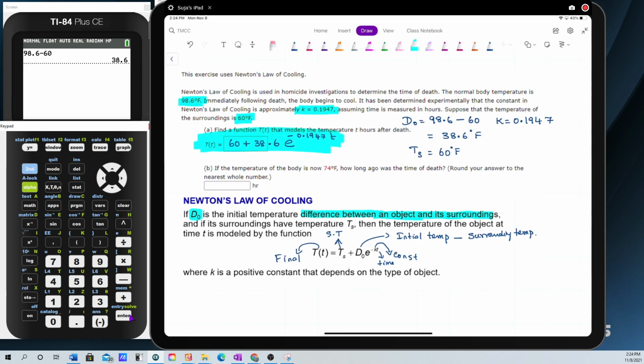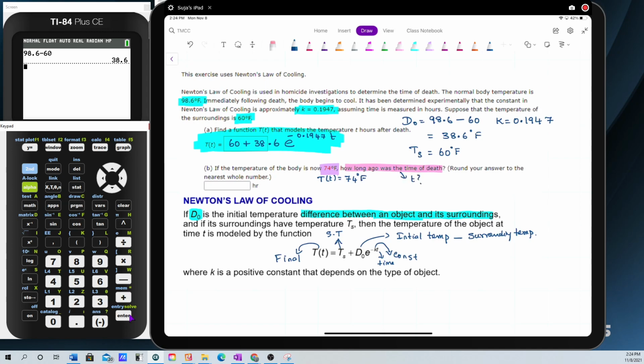Okay, so the first part was not too bad, but for the second part, the question is asking if the temperature of the body is now 74 degrees Fahrenheit. So what that means is if T of t is 74 degrees Fahrenheit, how long ago was the time of death? So that's asking me what the t value is.